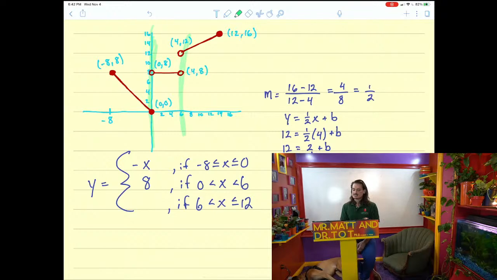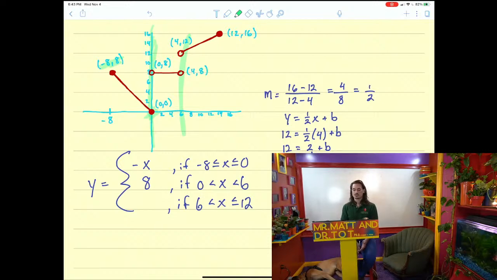On the right-hand side, notice that we go from negative 8, 8 to 0, 0. Because they're the same value, the change is going to be the same. It's going to be 0 minus 8 over 8 minus 0, which is going to end up being negative 8 divided by 8, which is a negative 1 slope.